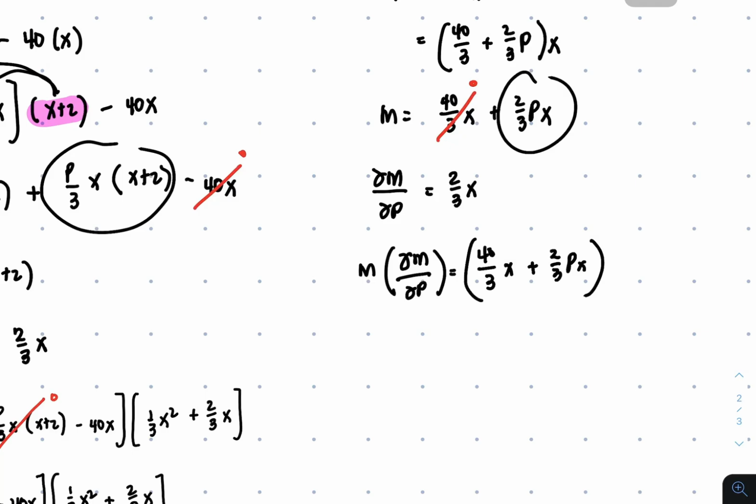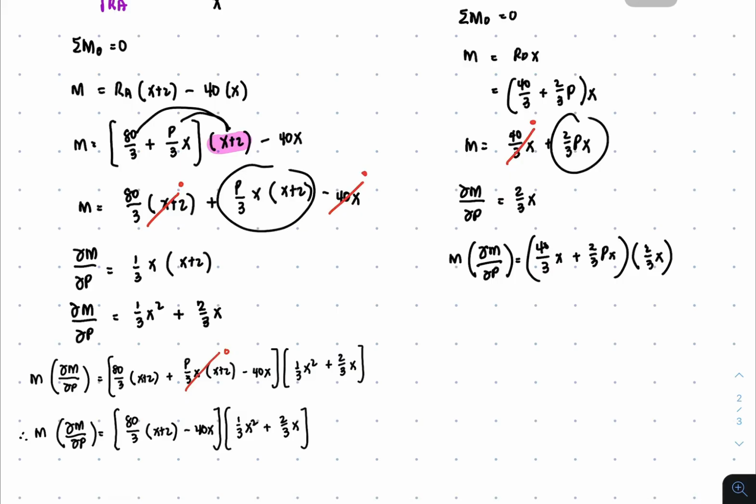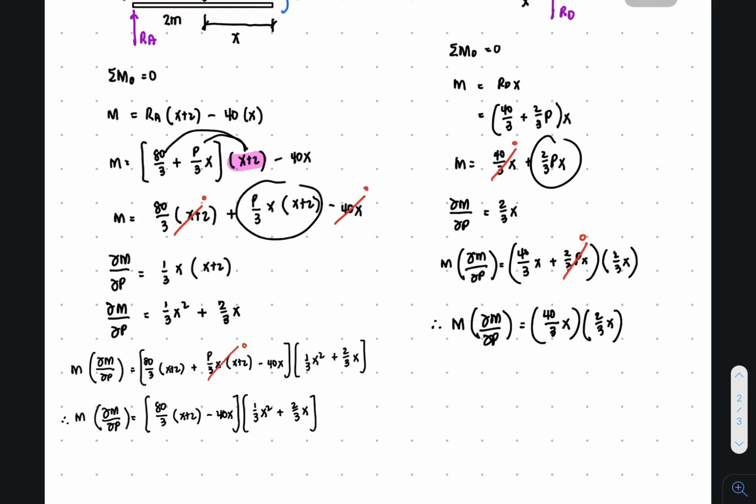So that's the M times 2/3 of x, for that is the partial derivative. Here we're going to set all the terms with P equal to 0. So that's the final equation. The final product of M times the partial derivative of M with respect to P is equal to 40 over 3x times 2/3 of x.